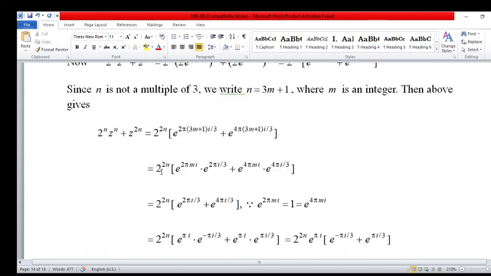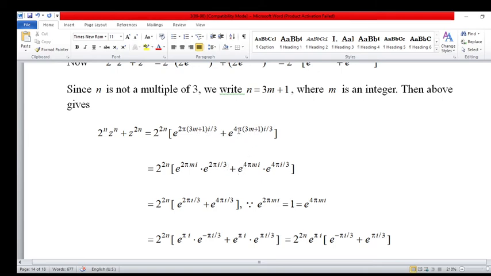So 2 raised to the power 2n bracket, this is the e raised to the power, break into two parts, e raised to the power twice pi m i, 3 cancels, and here e raised to the power twice pi i by 3, plus here again break into two parts.